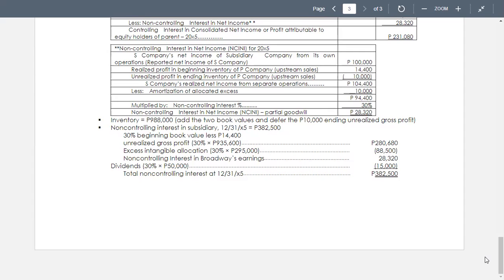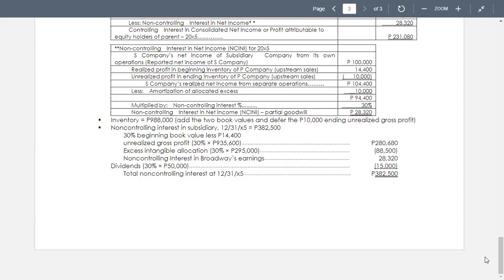Okay, so we have now for CICNI, that's 240,300. Controlling interest in consolidated net income.